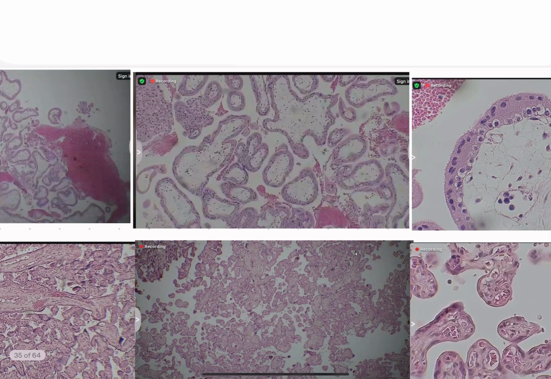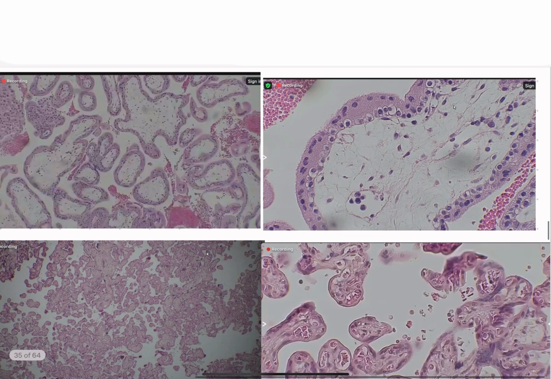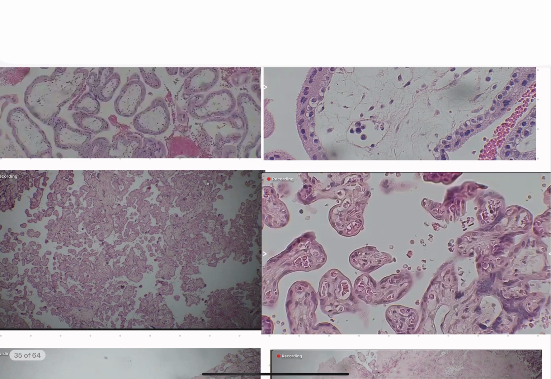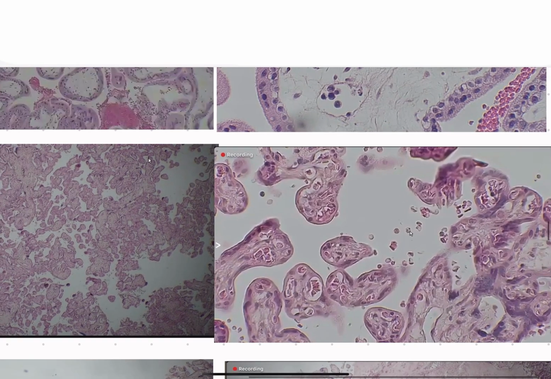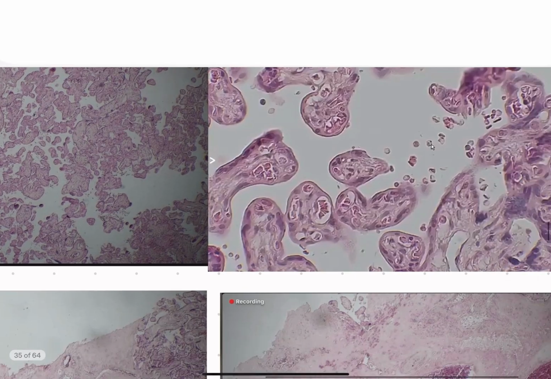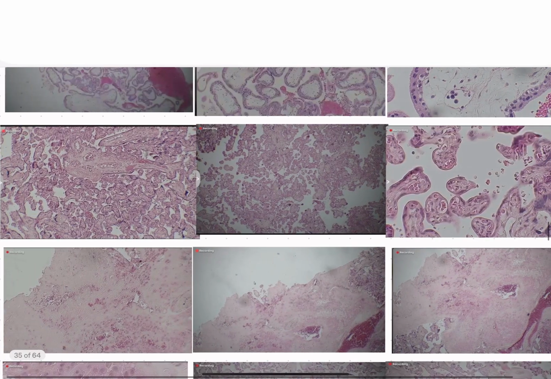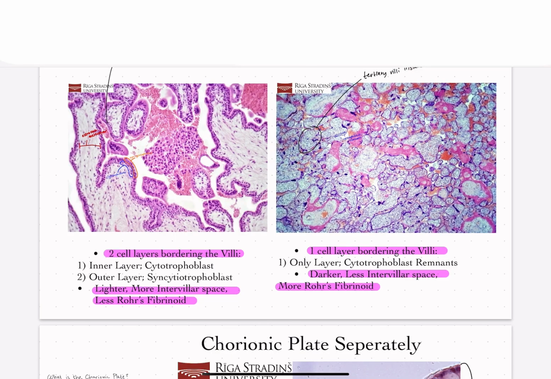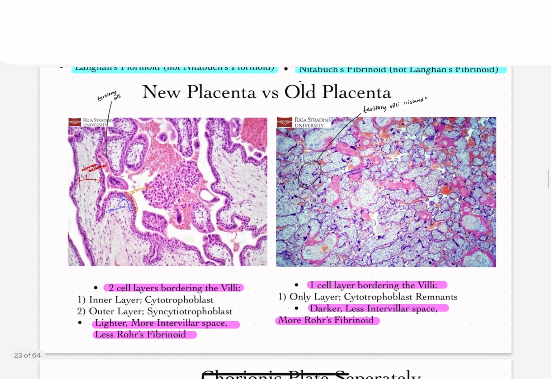So here we can definitely see a thick cell border with the two cell layers, and here we can't really see that at all. We can barely see the remnants of cytotrophoblasts. But I think that's it for the difference between new and old placenta.